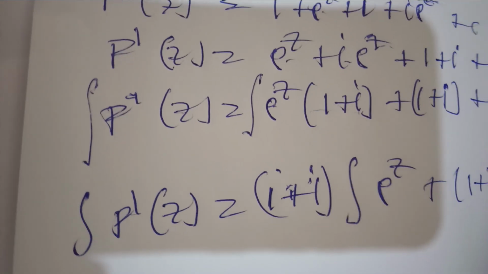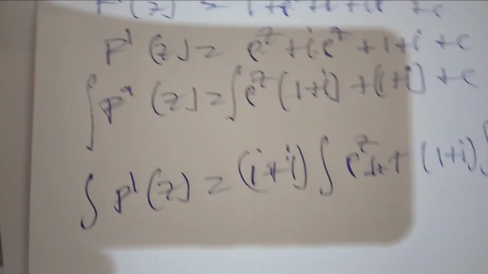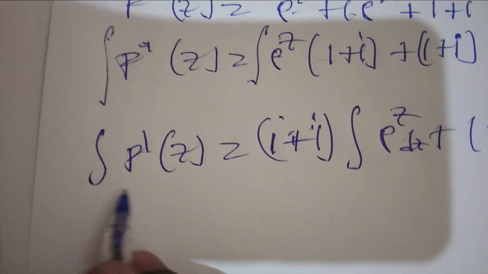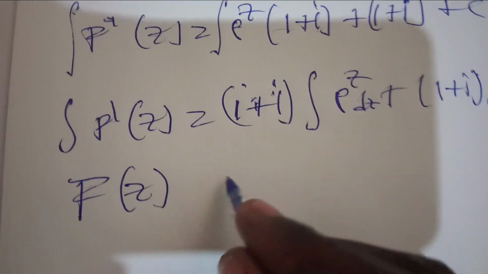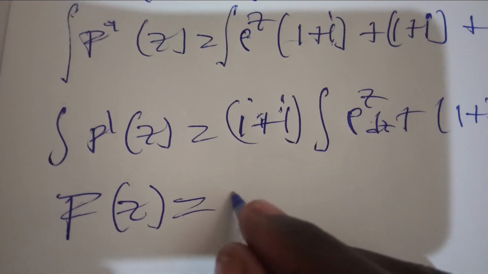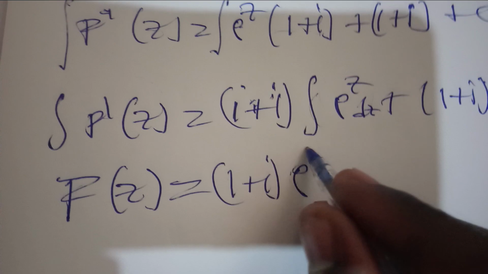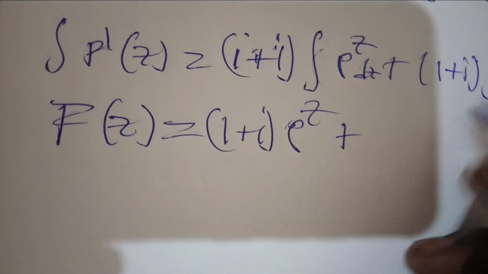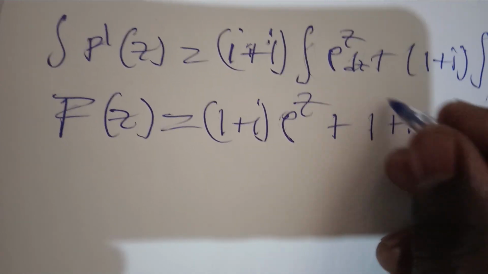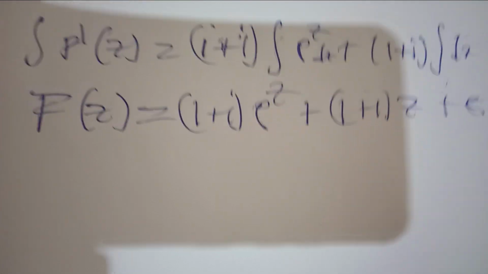So we can integrate, dz plus c dz. So if we integrate here, we have f of z, which is 1 plus i. If we integrate this one, automatically e to power z, plus, if we integrate this one, we have 1 plus i. Since there is 1, if we integrate, it is z plus c.